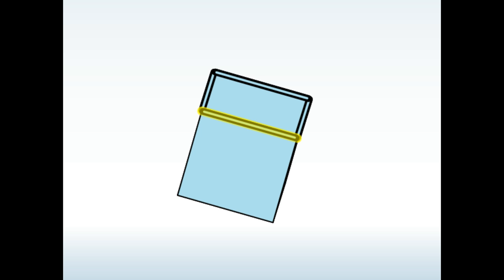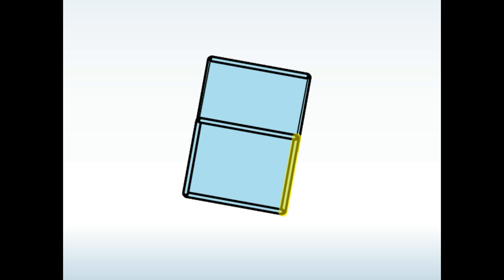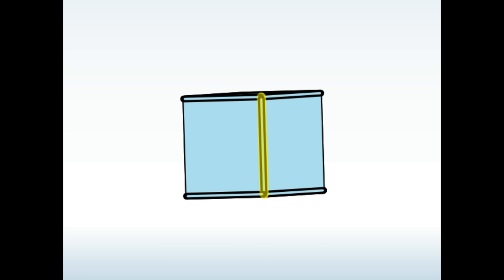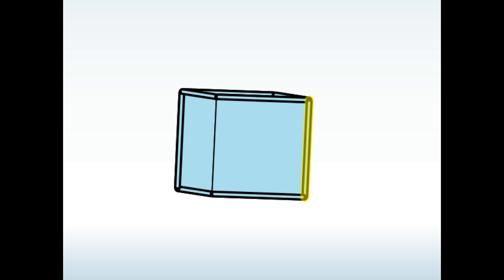So let's see, across the top it has 1, 2, 3, 4 edges, and around the bottom it has 1, 2, 3, 4 edges, and then around the sides it has 1, 2, 3, 4 edges. So the cube has 12 edges in all.